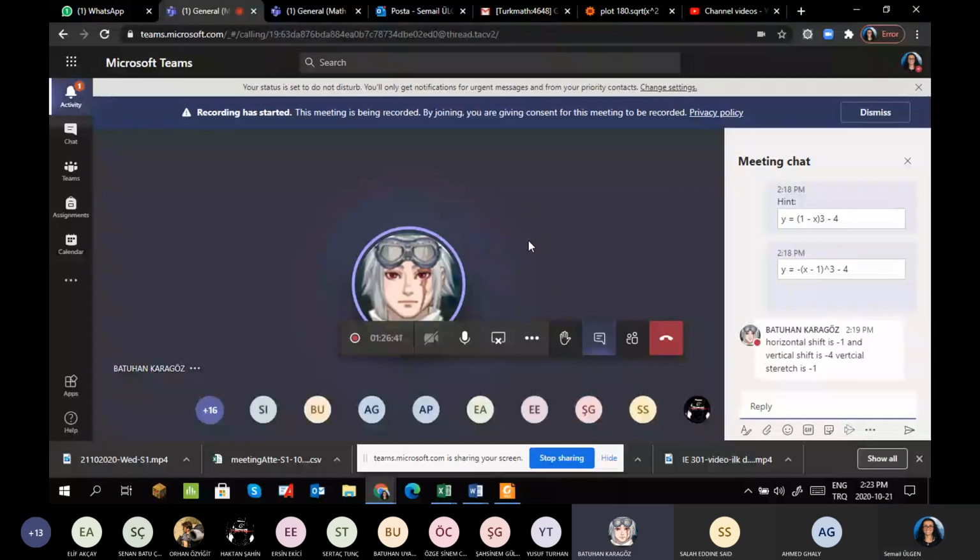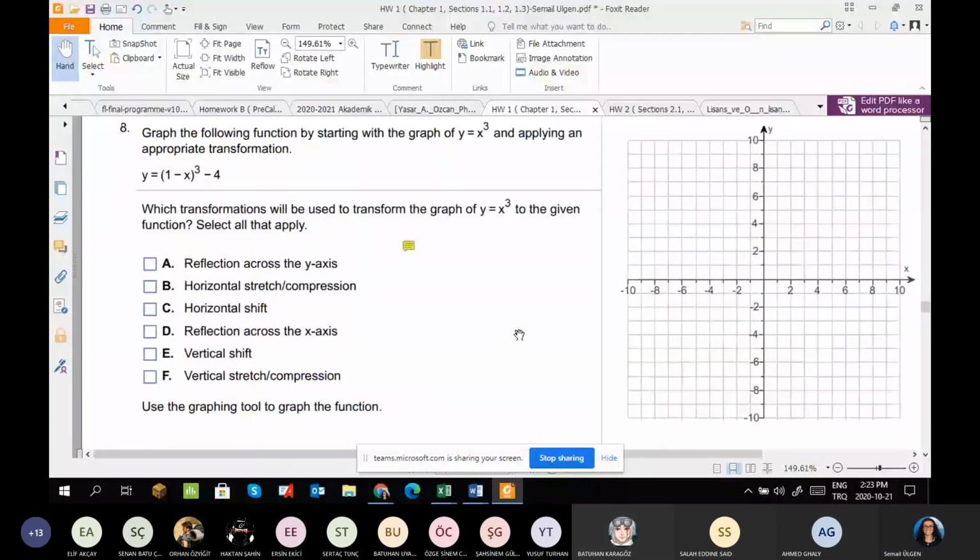Can you open the question again? D, C, E, right? Okay. D is reflection across the x-axis, and you said because of the -1, right? That's true. Okay, thank you.